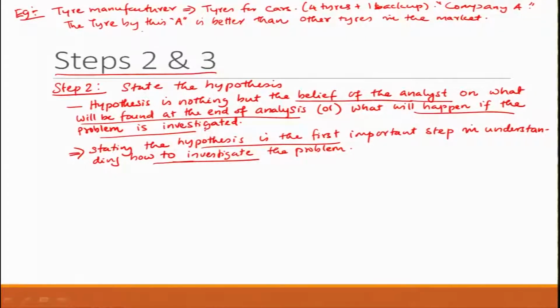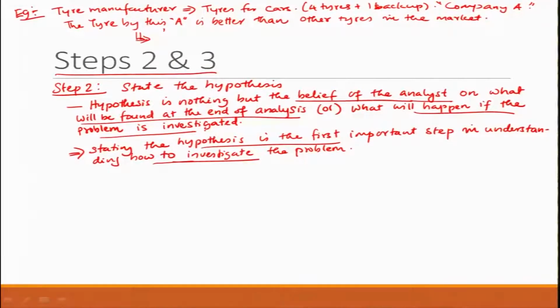So what is the hypothesis at this point, or how do we state it? If this is what you want to investigate, whether the tire is better than the existing tires in the market, and if not, then what will happen? The answer is that the tire is as bad as other tires available in the market.